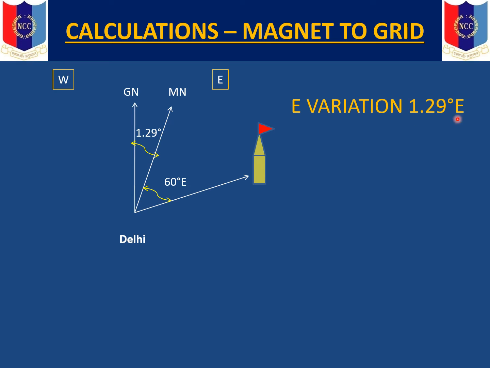This is the magnetic variation which is to be used here to convert, that is negative 1.29 degrees east. So in order to convert this magnetic bearing to grid in terms of grid north, you have to add 60° and 1.29 degrees. So the total is 61.29 degrees.